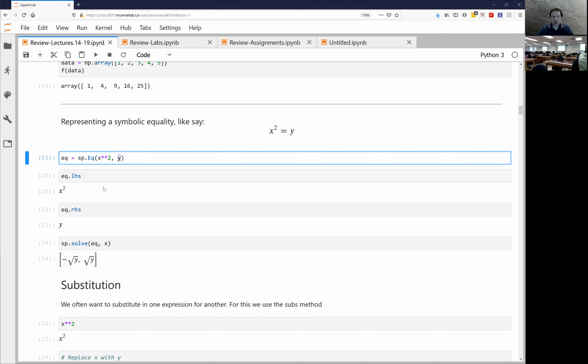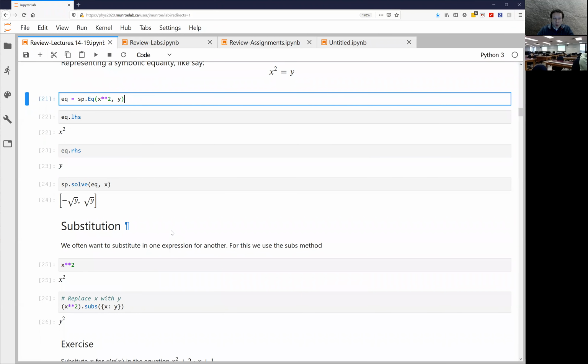That allows you to talk about the left-hand side of the equation or the right-hand side of the equation. The other way of doing this kind of construction is, whenever you're solving an equation, if there isn't a right-hand side, if it's just an expression, you assume the expression is equal to 0, and that's the equation you're going to be solving.